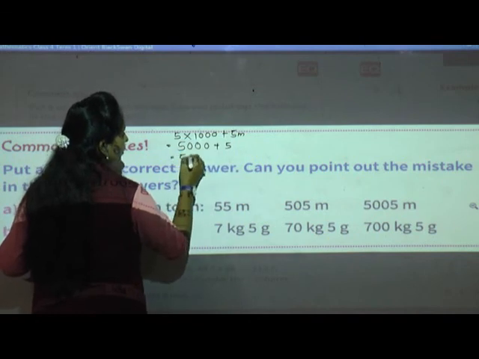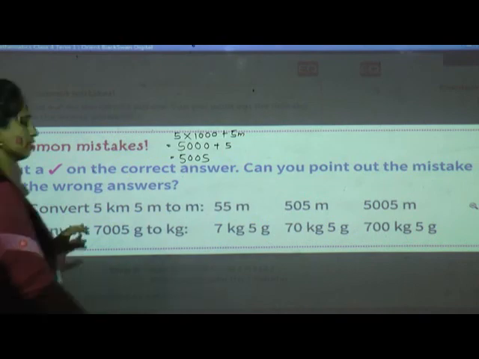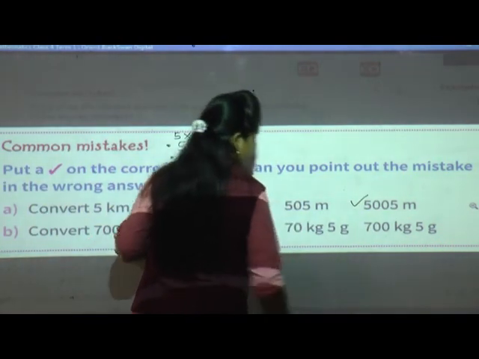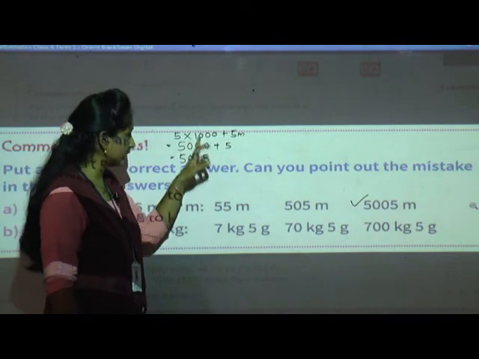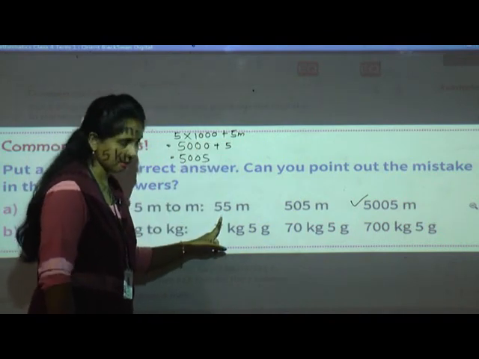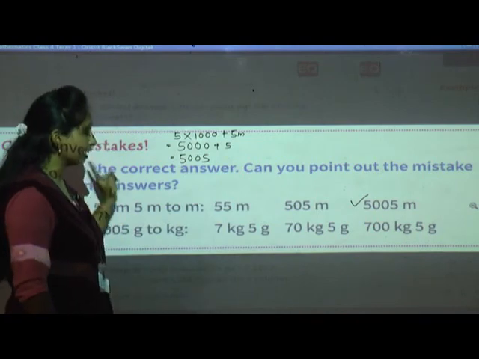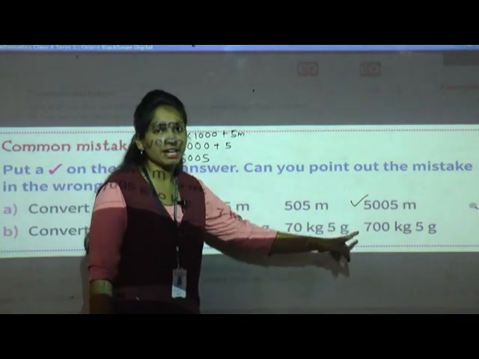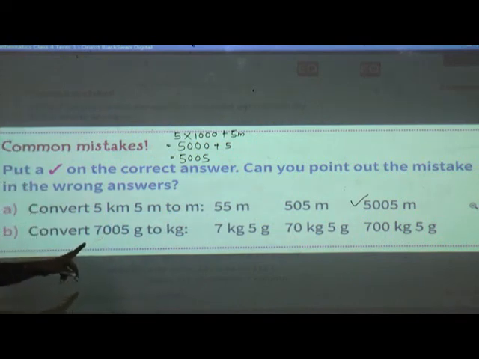So when we do the addition, we get 5005. So the answer is this one. Clear? Yes. The next. So by mistake, if you multiply by 10, you will get this answer. If you multiply by 100, you will get this answer. But the correct answer is 5005. Why? Because we are converting kilometer. Kilometer means 1000 meter. Got it?